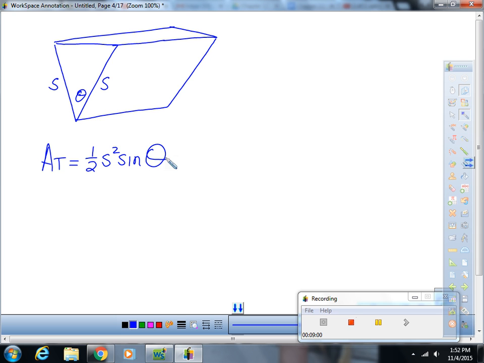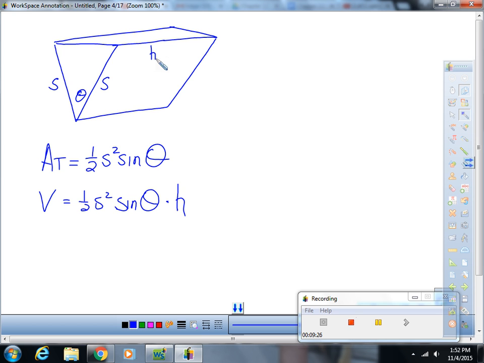So that means that the volume is 1/2 s squared sine theta times h, where h is the height of our prism. It's actually the length of our trough.